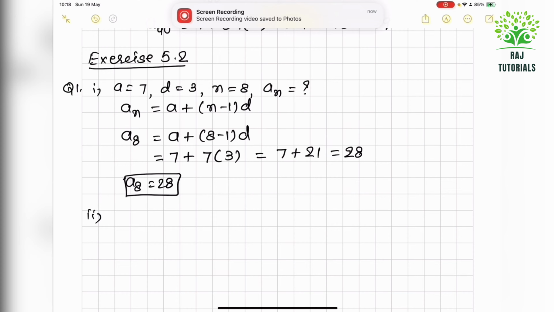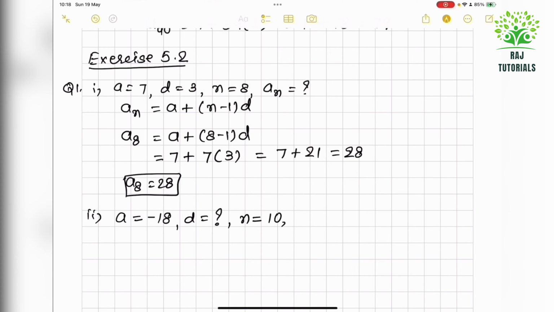The second one says first term A equal to minus 18. D I am not given. N is 10 and AN is 0. That is, they have given me A, they have given me the 10th term, and AN, that is 0.